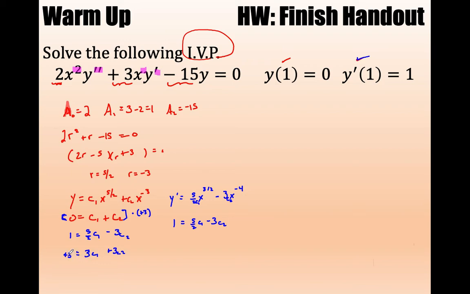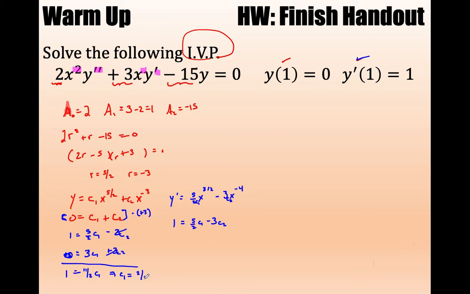Why am I an idiot? So this goes away. And what do I have? 6 halves and 5 halves. What is that? 11 halves C1. Therefore, C1 is 2 over 11.